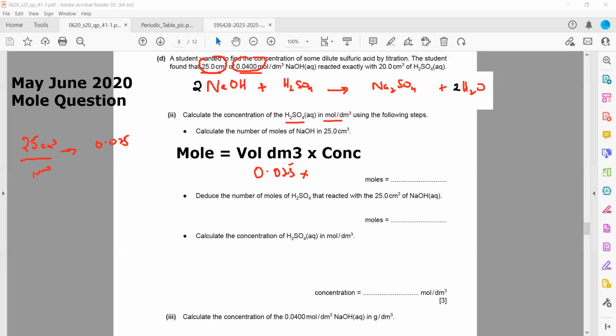What is the concentration for this? 0.04. So 0.025 multiplied by 0.04. What is the answer? 0.001.